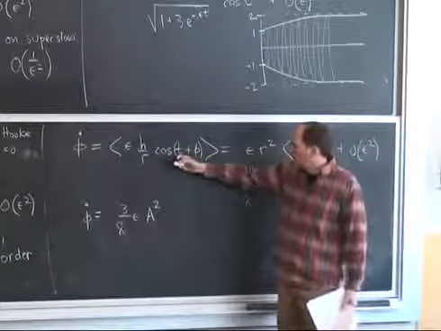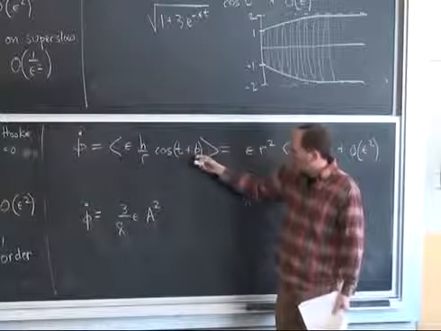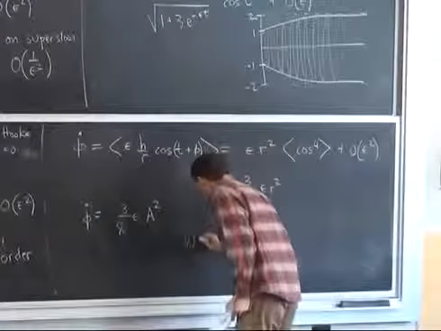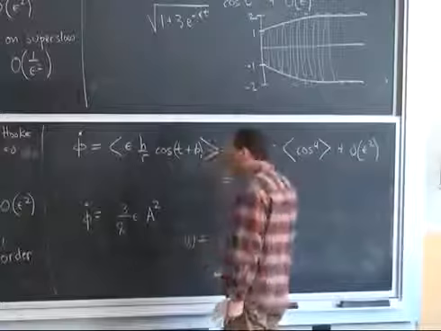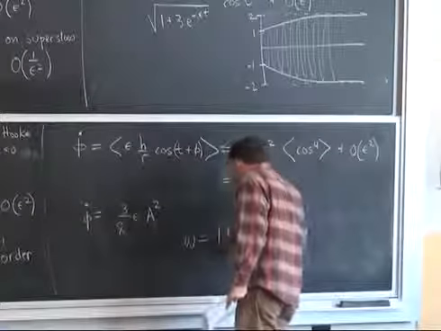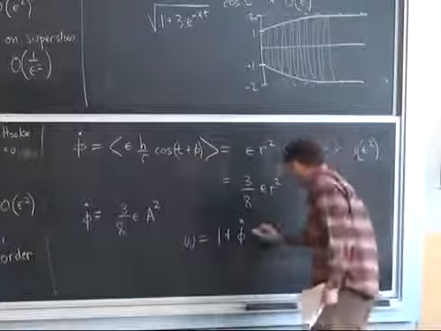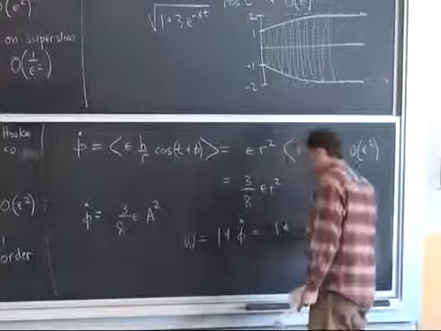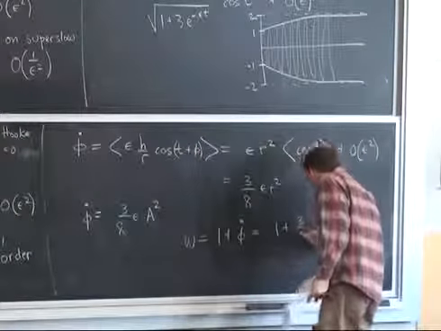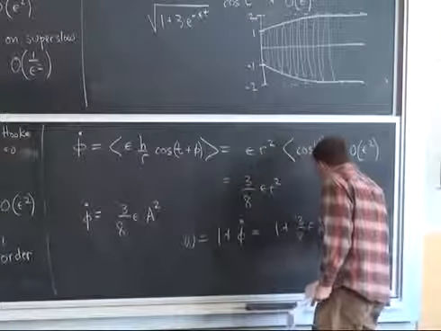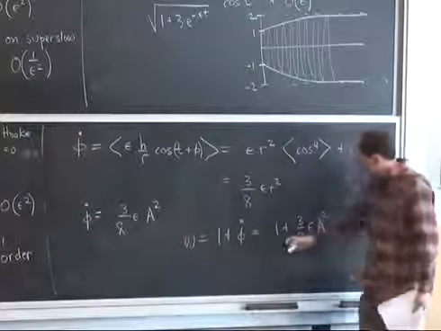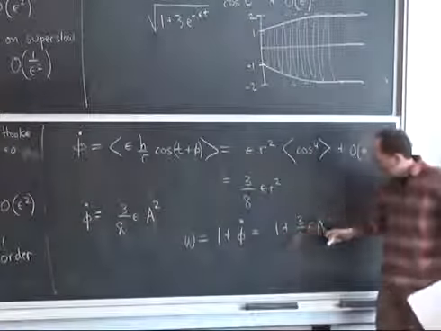The angular frequency you can think of as the time derivative of this whole expression. That is, the omega for the oscillator would be 1 plus phi dot. That is the time derivative of this. So it's 1 plus 3/8 epsilon a squared. That is, the frequency goes up, by the extra correction to the frequency is proportional to the square of the amplitude.